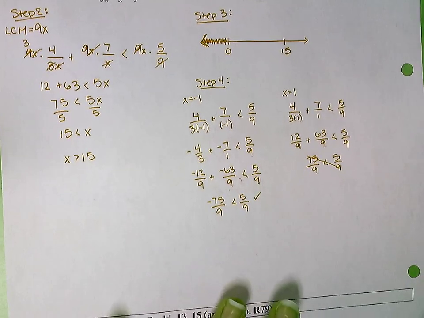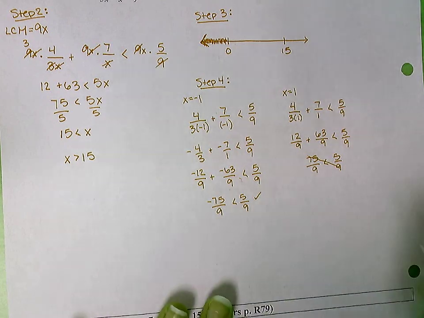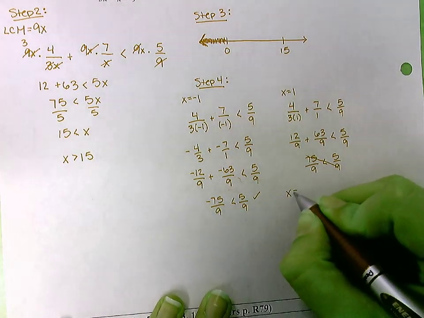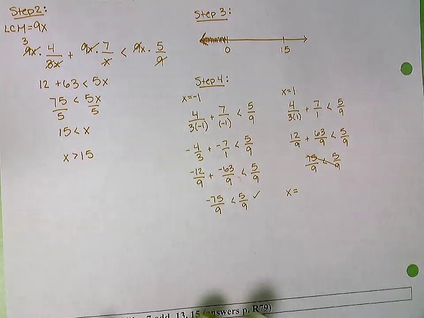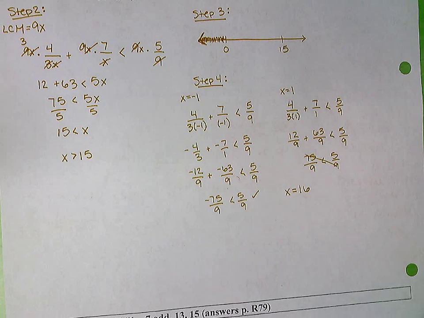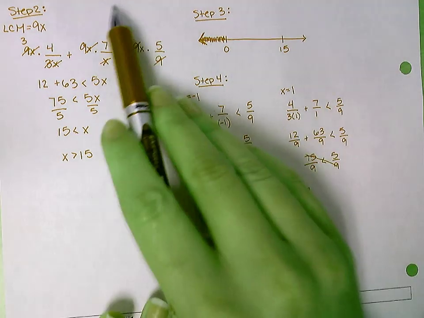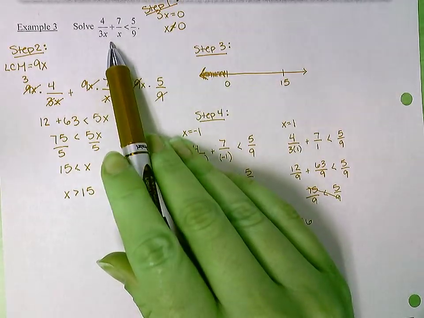And then you have to test 16 or any number greater than 15. I checked 16 just because it's right above 15. So I'm testing a point to the right of 15 now. I'll plug in 16 for my x's in my original here.